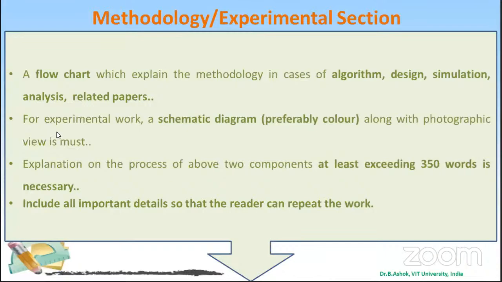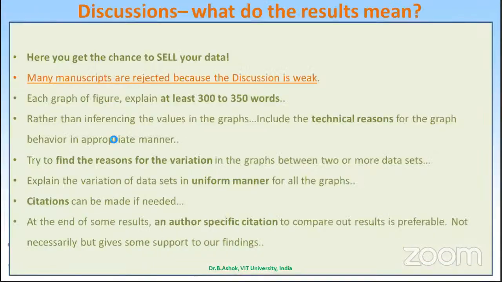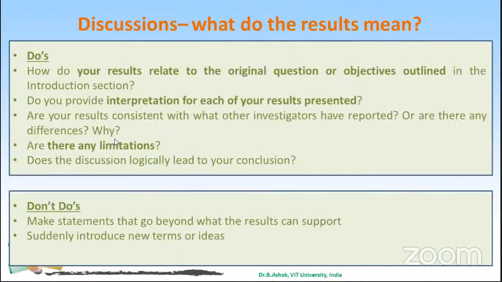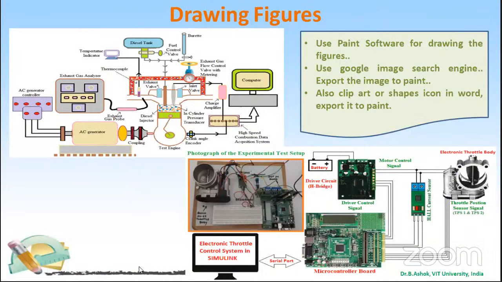And similarly, after taking the photographs, see here, it is not properly labeled, all those things. So simply taking the photograph and mentioning it alone is not sufficient. You can circle it over here and explain what this is.